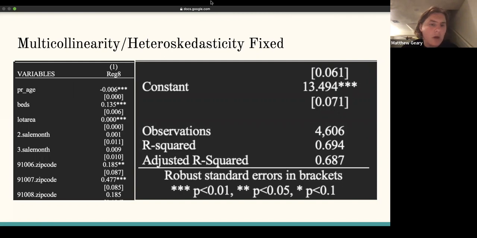And then if you want to go on to beds as well, you can do the same thing: a 1 unit decrease in beds is associated with a 0.135 increase in the LNPR.